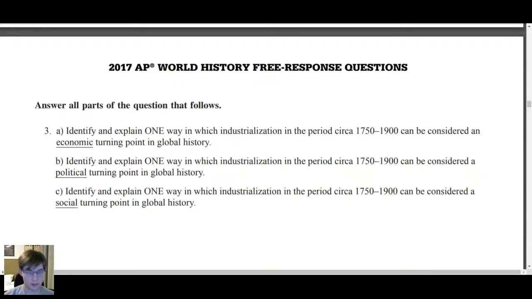So let me pull up the scoring guidelines so I don't give you guys false information. Give me 1 second. Scoring guidelines, there we go. Okay, question 3, part A. For example, machine factories. That was a perfect example.